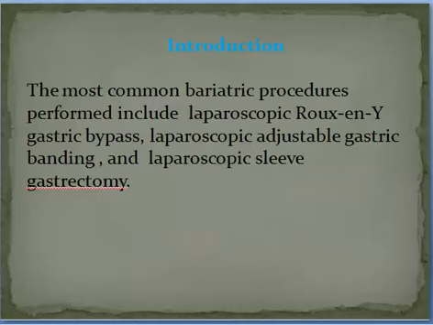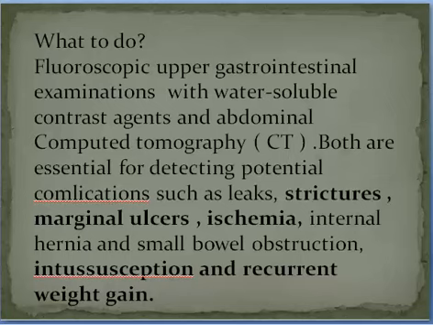We have three types of operations mainly: Roux-en-Y bypass, the adjustable banding, and laparoscopic sleeve gastrectomy. We have fluoroscopy of the upper GIT using water-soluble contrast, and we have abdominal computed tomography.